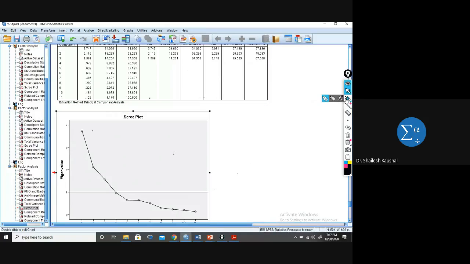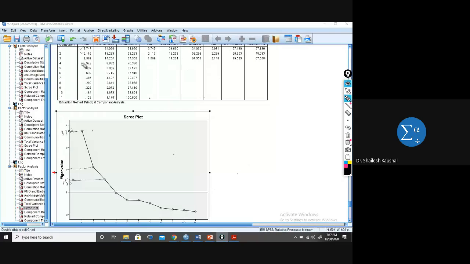What is the number 1? Its value is 3.747. This is the eigenvalue. The second component value is 2.116, and another is 1.569, and the next one is less than 1, because it is near to 1.